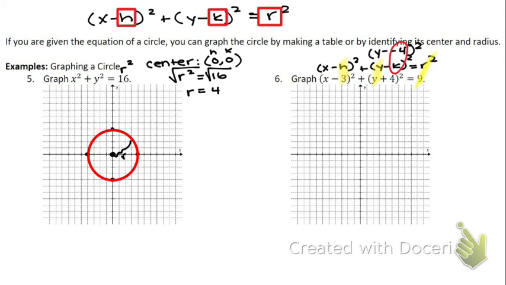So my center is positive 3, negative 4. And my r squared is equal to 9, so when I take the square root of both sides, that means my radius is 3. So I'm going to plot the point 3, negative 4.